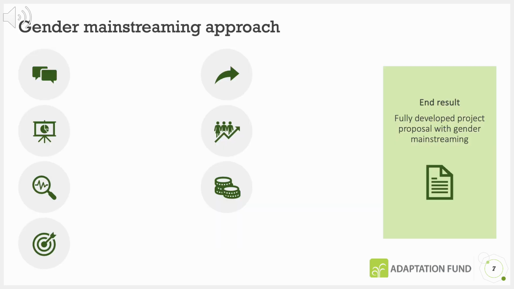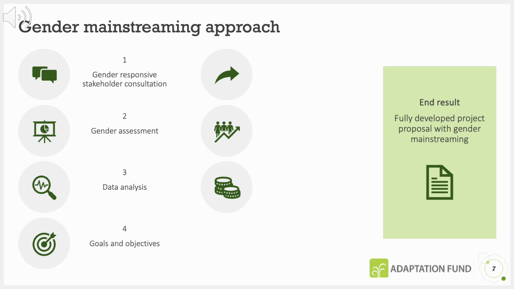There are 7 steps recommended for gender mainstreaming when developing a full proposal. 1. Undertake a stakeholder consultation that includes women and addresses gender-related concerns. 2. Carry out a robust gender assessment. 3. Analyze and disaggregate the resulting data to identify all groups and areas that may pose opportunities or risks for the project. 4.